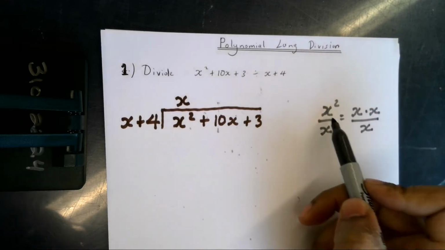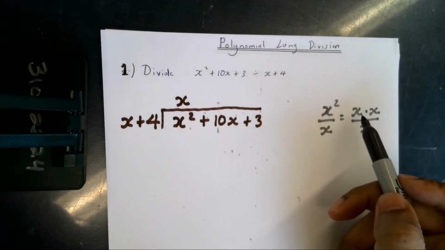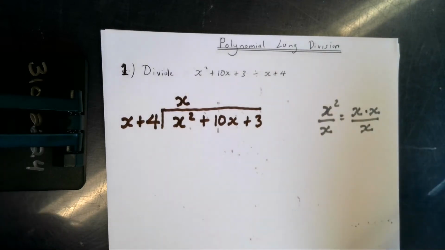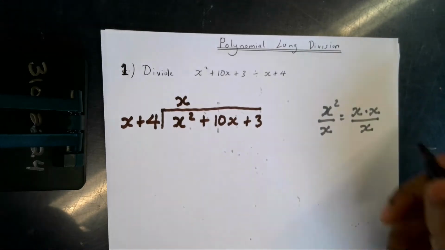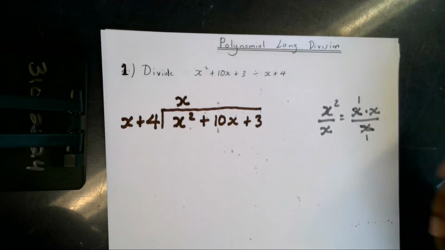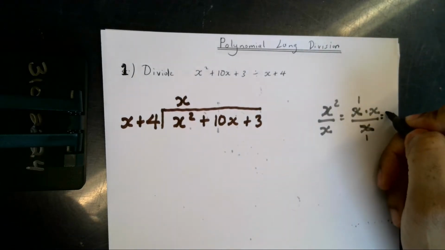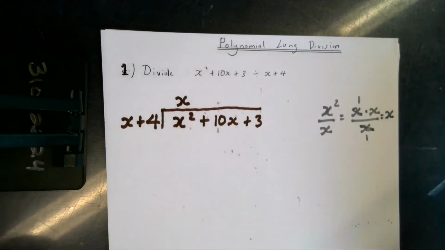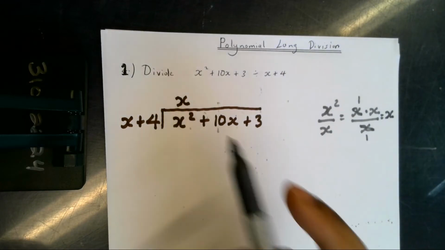So we know that x squared means x times x. Now these can cancel, so we are left with x. That's how we got the x right here.